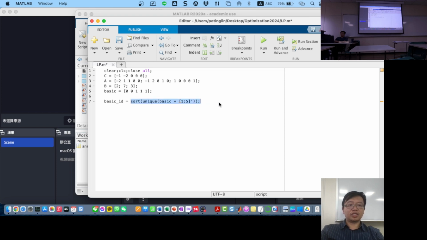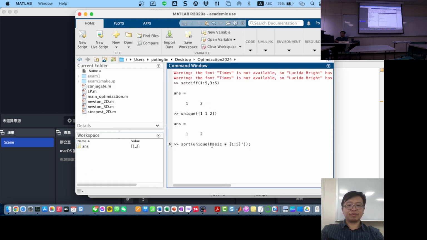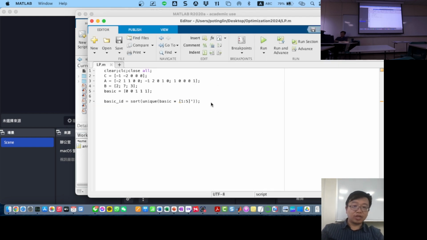Okay, try this. If I have 0, 0, 2, 3, and 4, after that I will have 0, 2, and 3, and 4. Yeah. So I just need to delete the first one. So basic ID first one equals to empty.